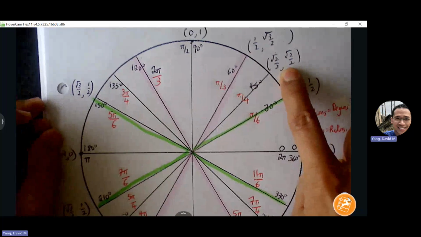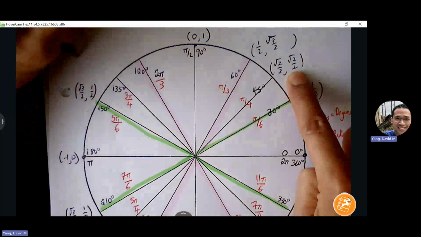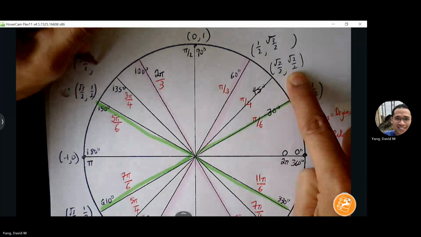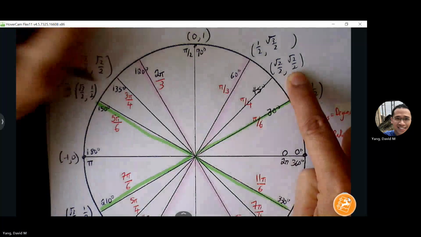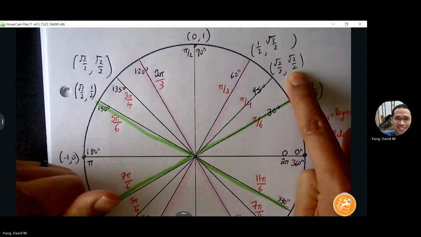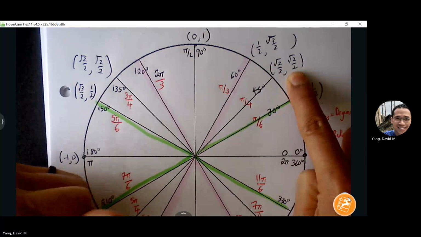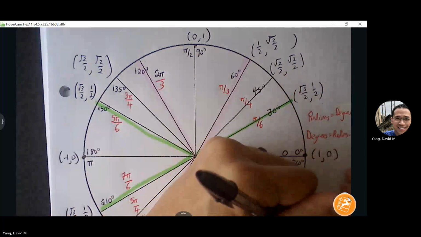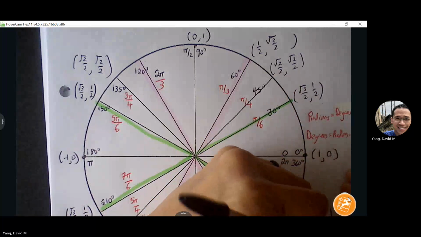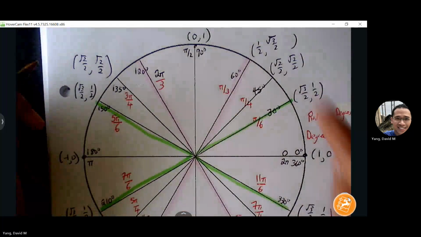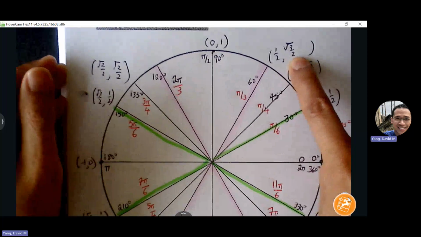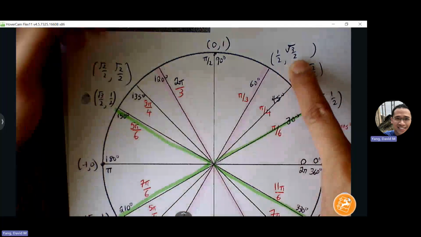All the middle ones will have root 2 over 2 and root 2 over 2. All the ones furthest away from the x-axis will be 1/2 and root 3 over 2.